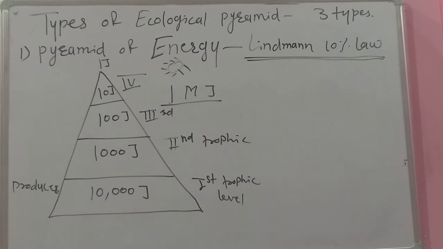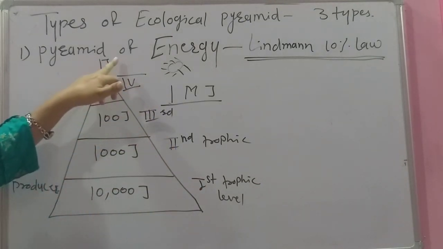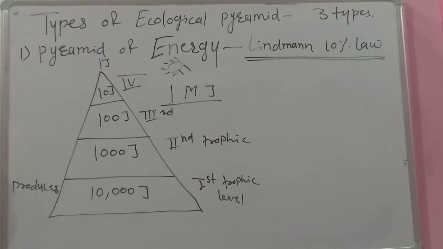In an ecosystem only 4 to 5 trophic levels are present, because only 10% of the energy is transferred from one trophic level to another, and at the fifth trophic level only 1 Joule of energy is present, which is very negligible.